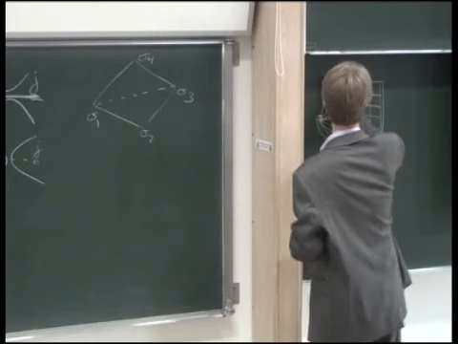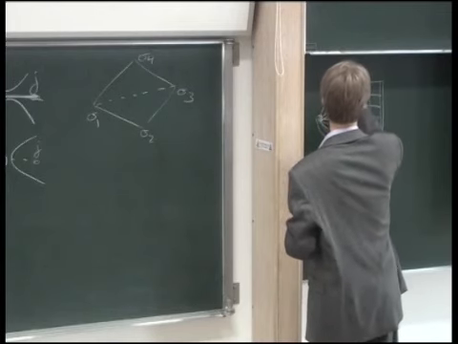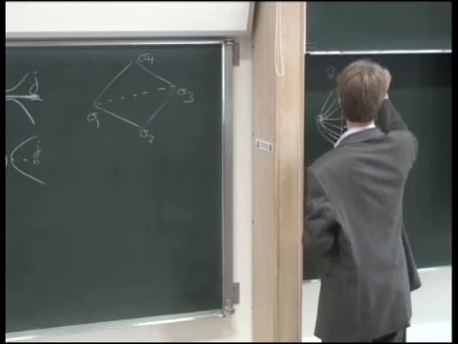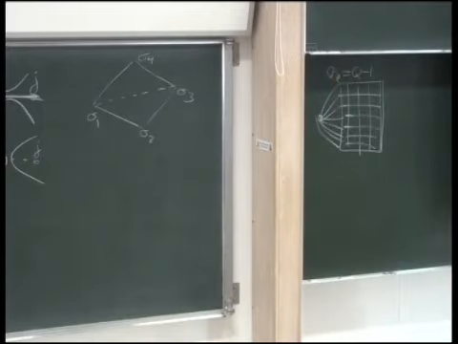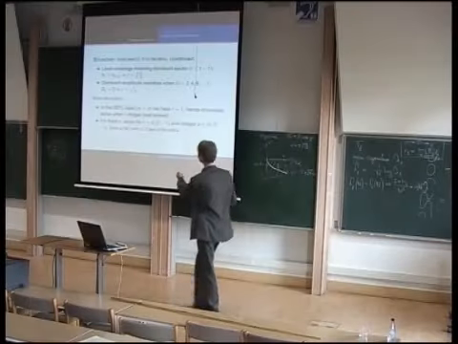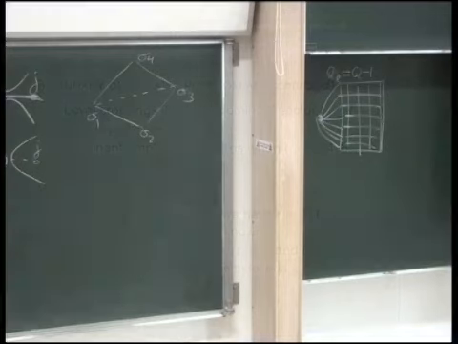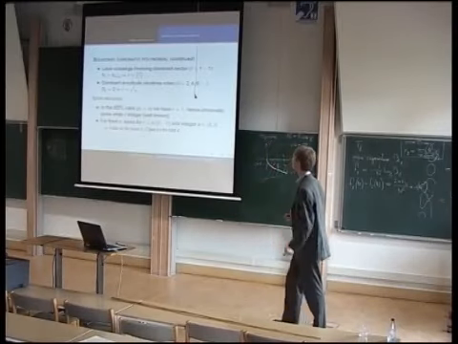So for all of these guys here, I have Q_L equals q minus 1. And if I think about what that does, well, that will just exactly swap things around so that Chang had level crossings where normally you would have dominant amplitudes vanishing, and the other way around. And now I claim that if you take a more general choice of this Q_L here, you can just move around the zeros as you want. Nothing particular about the Beraha numbers.